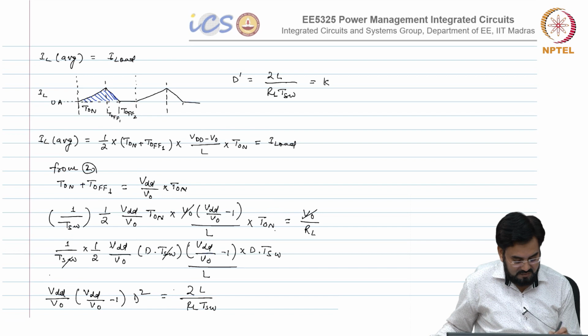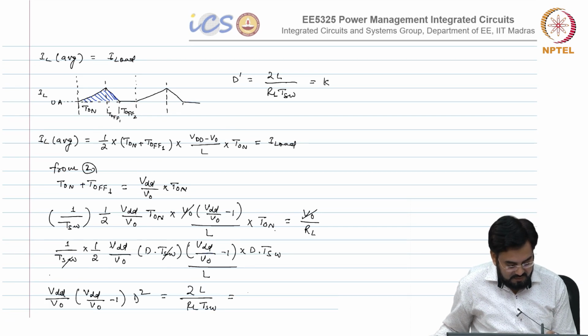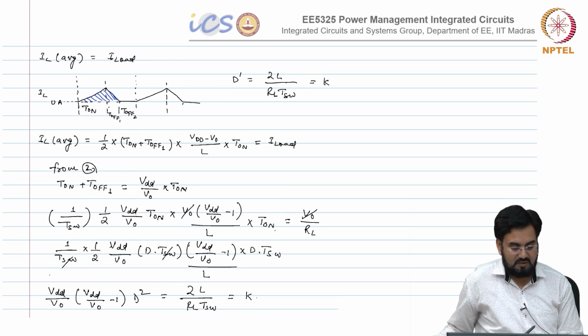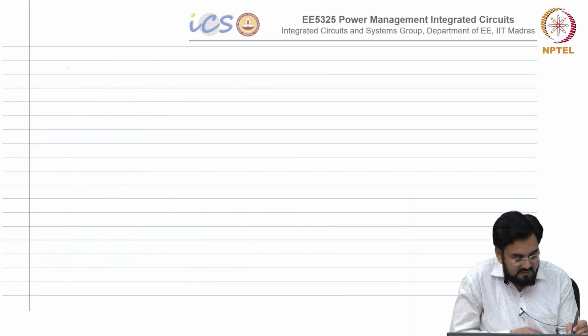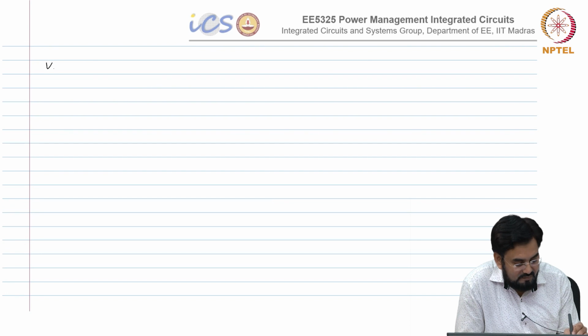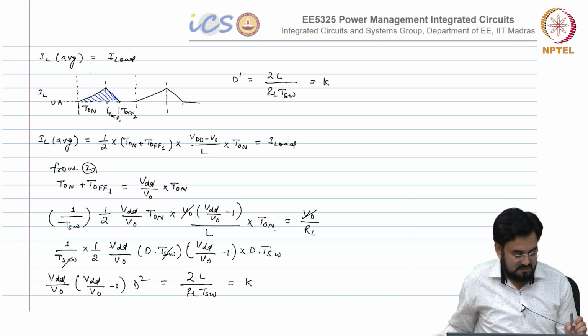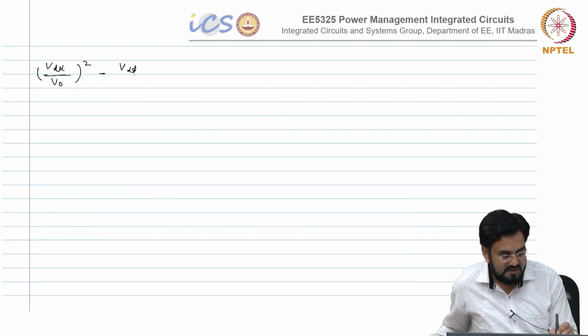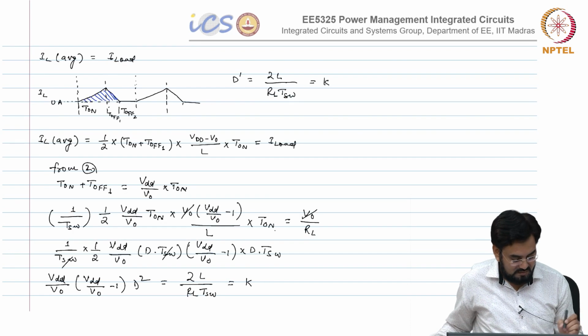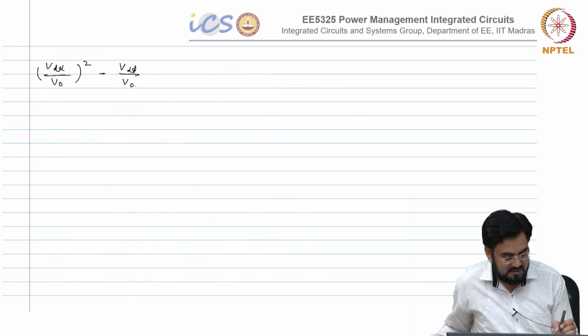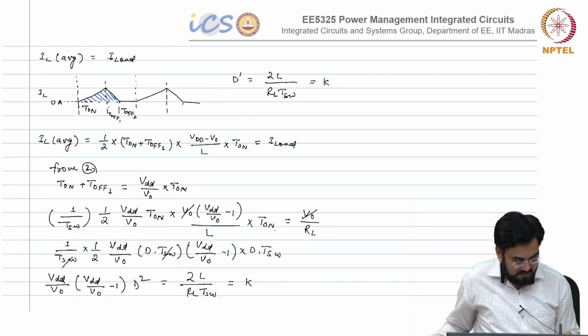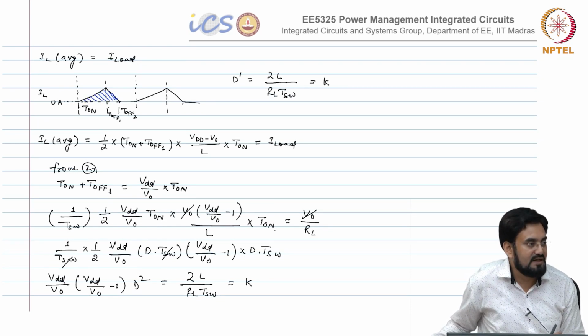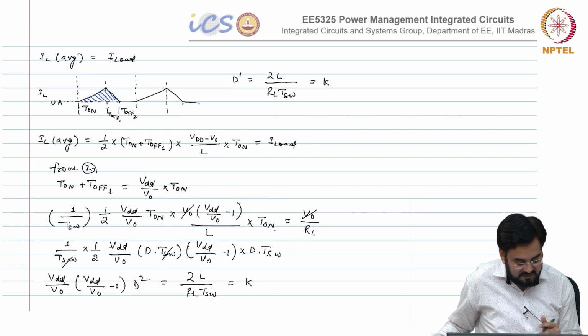And we know this is nothing but equal to K. You have to simplify this: VDD over V out square, multiply these two, minus VDD over V out, minus... So I will move this D square in the denominator to the right hand side and shift everything to the left hand side.